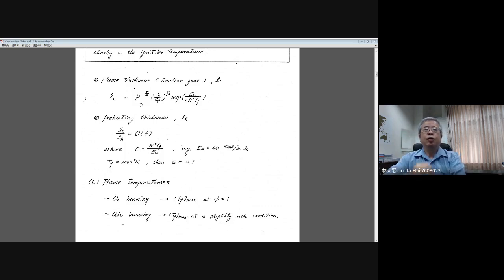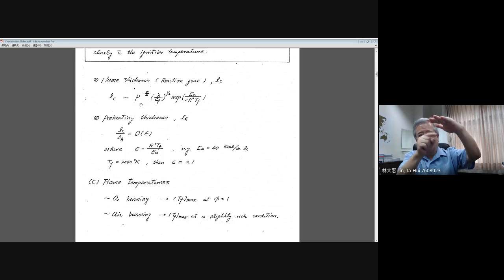That means when you try to look at more detailed flame structures, especially in the flame zone, there is an idea: you can try to do the experiment under low pressure. When you have a low pressure condition, your flame thickness will be increased.